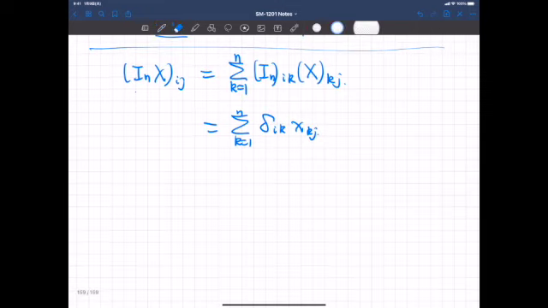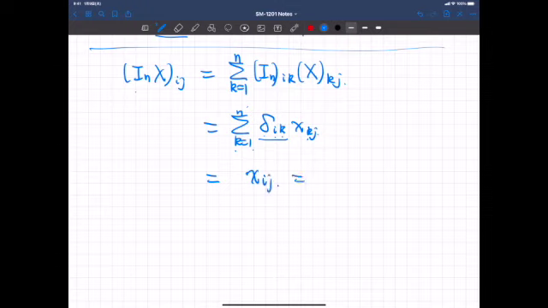But this delta_ik is 0 unless i is equal to k. So if k runs from 1 to n, the delta becomes 1 only when k is equal to i, and everything else is 0. So we have X with k equal to i, and j.